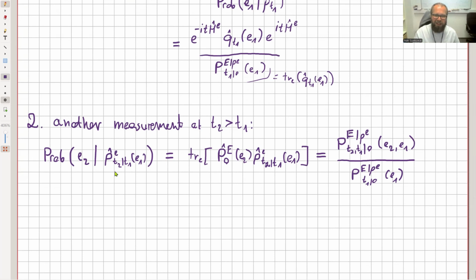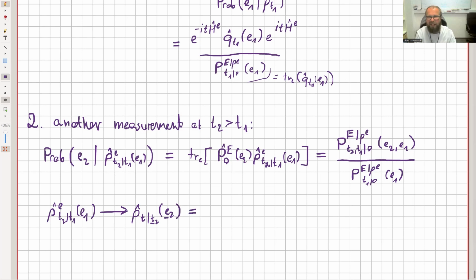So this is a probability of obtaining E2 given the collapsed state from the previous measurement. Of course, you do the collapse again. E1 changes into T given two previous measurements, two previous results.